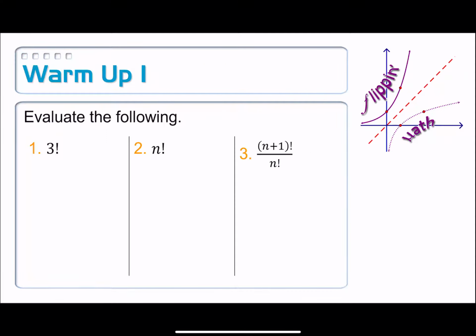All right, so let's take a look at a warm-up exercise. Evaluate each of the following. So we've got 3 factorial. I know it's tempting to shout it or to say it with some kind of enthusiasm, but it's just 3 factorial. Factorial just means that you're taking that number and multiplying it by all the integers that come before it, all the way to 1.